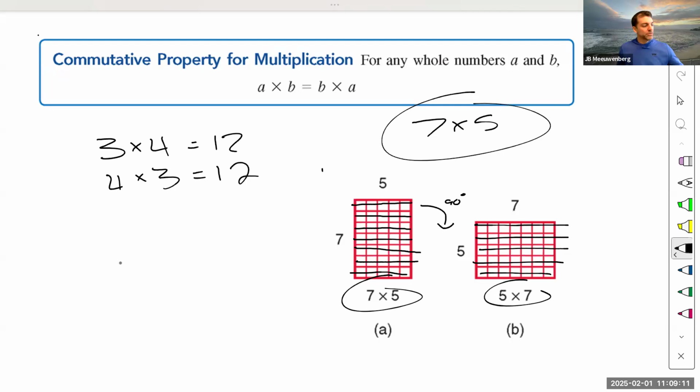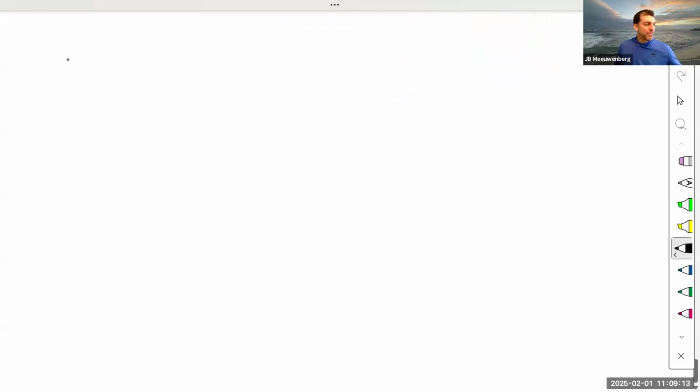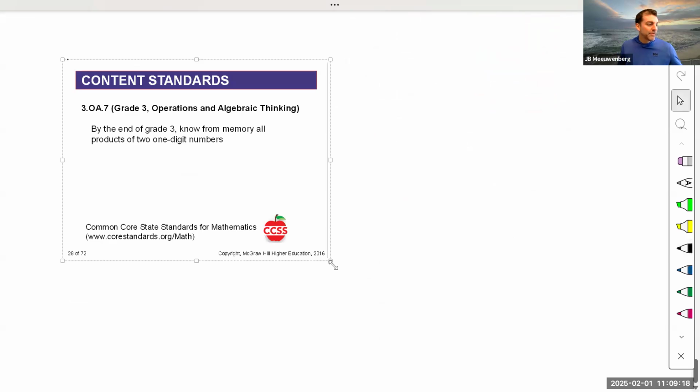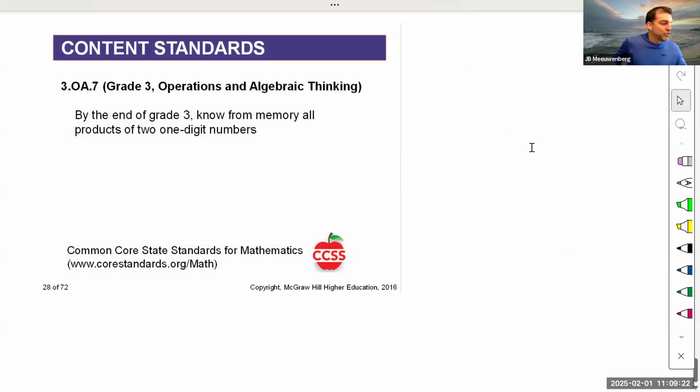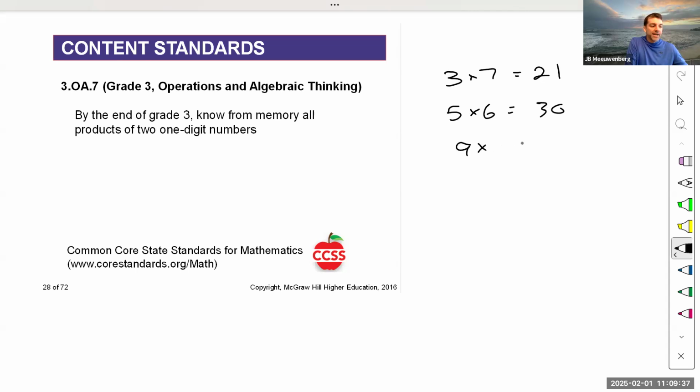Another thing that does matter, and that the commutative property helps with, is this particular content standard from the Common Core. It says, by the end of grade 3, students should know from memory all products of two one-digit numbers. So every student should automatically know that 3 times 7 is equal to 21, 5 times 6 is equal to 30, 9 times 9 is equal to 81, etc. They should know all of those things, right?